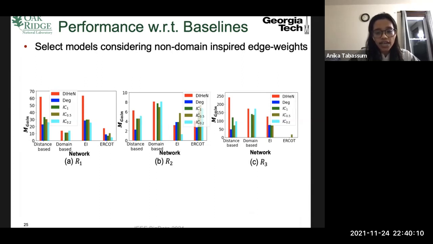For edge weights, we use different values. For example, IC1 means selecting k nodes using the DIAMOND method, keeping edge weights equal to 1. Each of these three figures shows our performance for different models, for different criticality criteria.